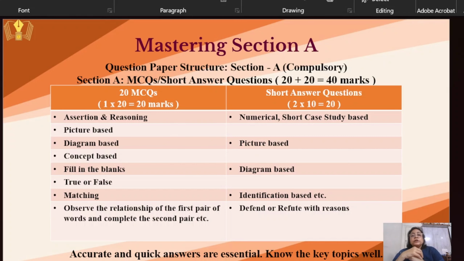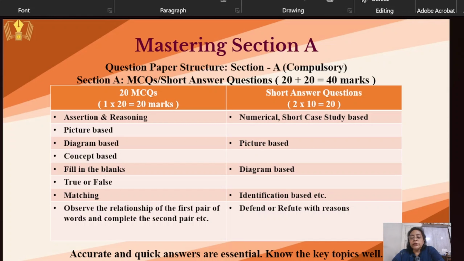As you know, the question paper will be divided into two sections, section A and section B. Now, section A of the question paper: in question number 1 you will be getting 20 MCQs. Question number 2, you will be getting 5 2-marker questions.